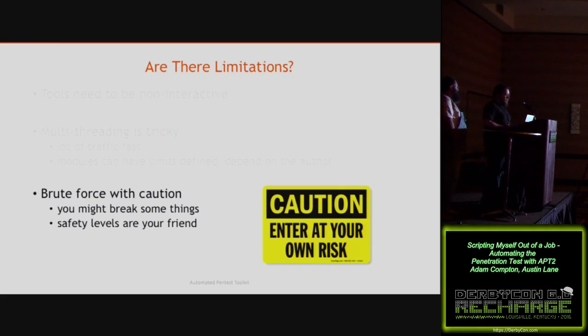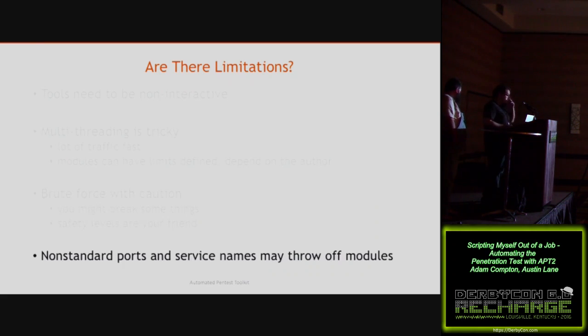Another big one is non-standard ports. APT is dependent on the inputs given to it from whatever scanning tool, either running Nmap through APT, or running Nmap outside of it, or in the future running insert scanner here. When that scanner looks at a service on a host and says, oh, this is port 21, this is probably FTP, if that's the best it does, that's the best we have to go off of.